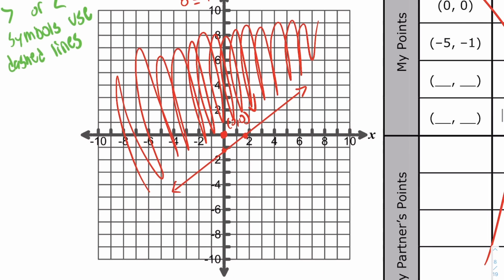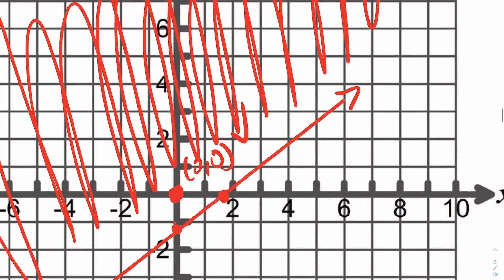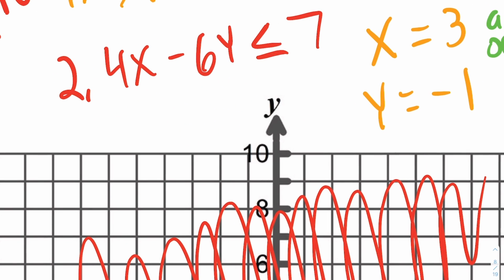Now let's see if the actual numbers on the line are solutions. So that x-intercept is what I'm going to use. My x-intercept was 7/4. 4 times 7/4 minus 6 times 0 less than or equal to 7.